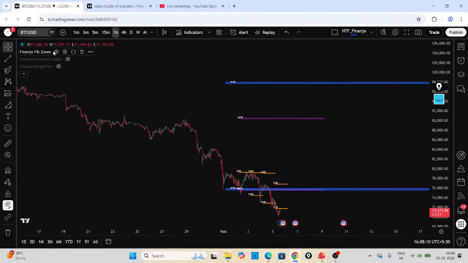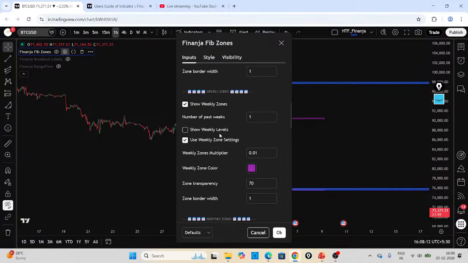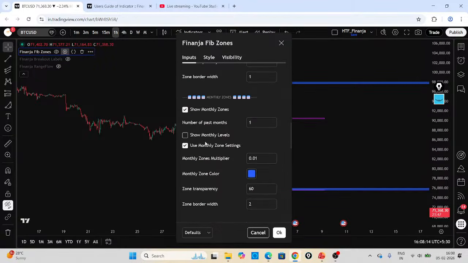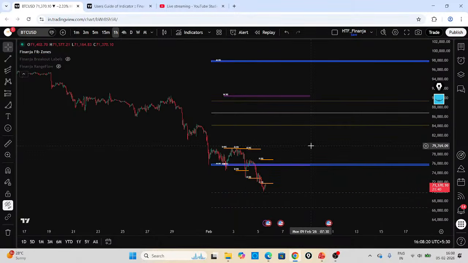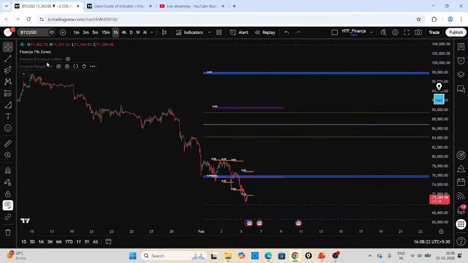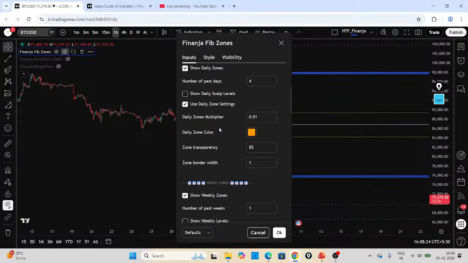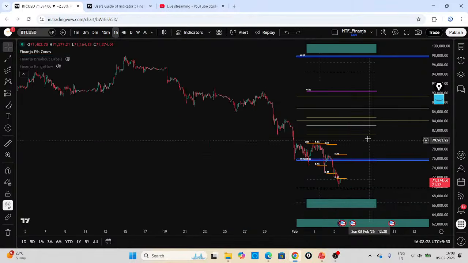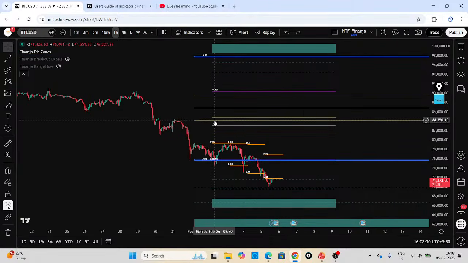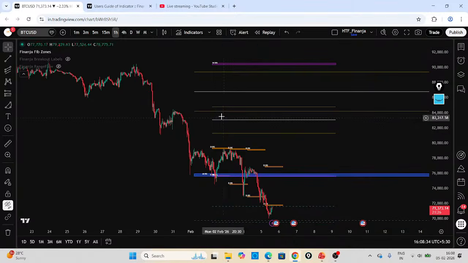So with monthly levels, if you are trading with a 1 hour, daily or 4 hour time frame, then you can capture very big movement from these monthly levels. If you switch on the weekly levels also, some of the levels will be intersecting or overlapping with the monthly levels. Those levels will be very important levels. You can see it here.